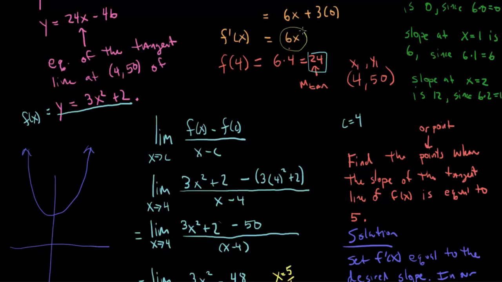But if we had solved for the derivative and gotten a quadratic expression, we would have gotten two solutions when we set it equal to 5. Or if it was a cubic, we would have gotten 3 solutions. Okay? So those are a variety of the questions that you'll be seeing on tests, on homework.